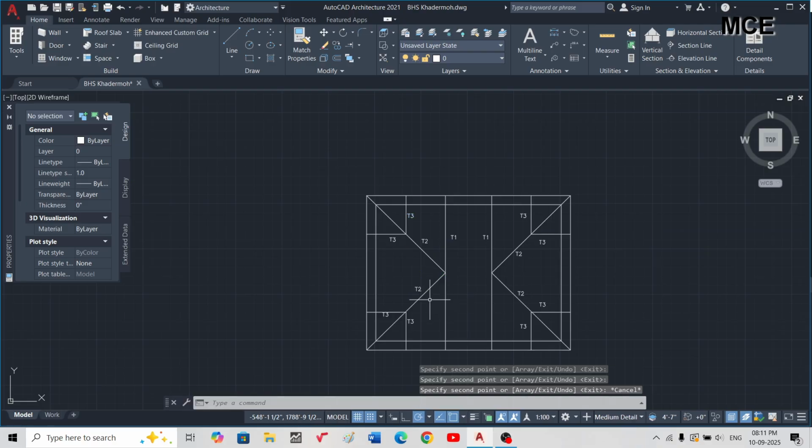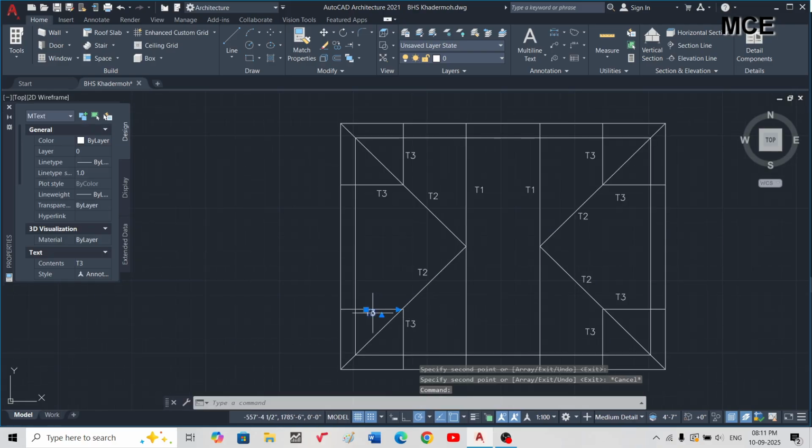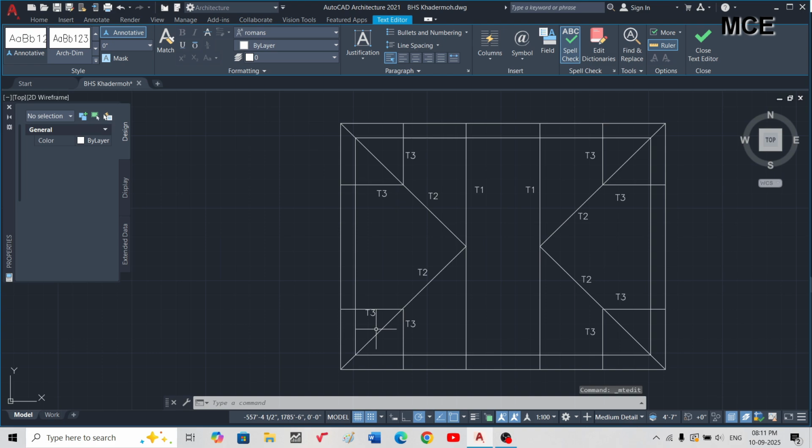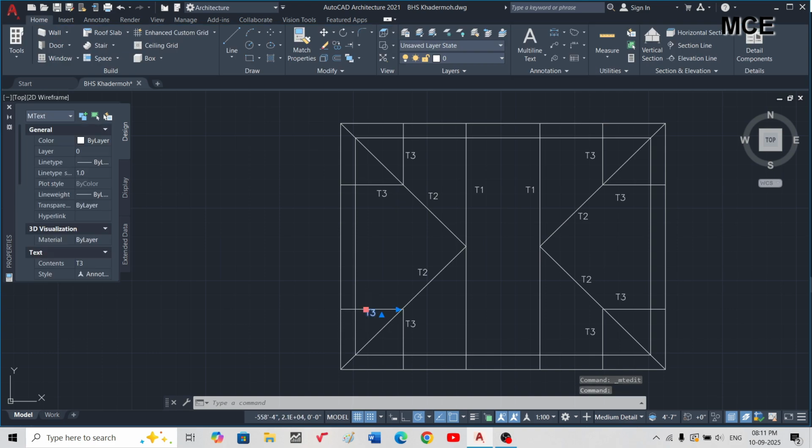So these are our 10 trusses. We have two T1, four T2, and four T3 trusses.